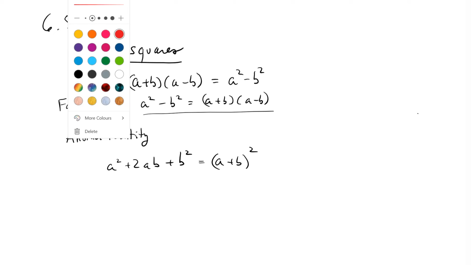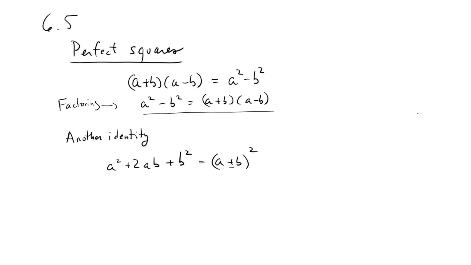Furthermore, we also saw that if it's a minus b instead, there's going to be a minus here. So we've got sort of a single identity here that regroups two very similar identities, one with a plus sign, the other one with a negative sign, and we can use that to factor.